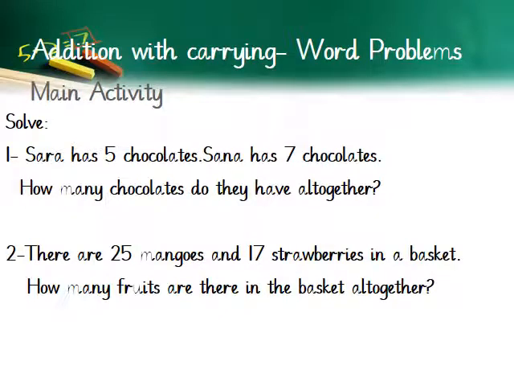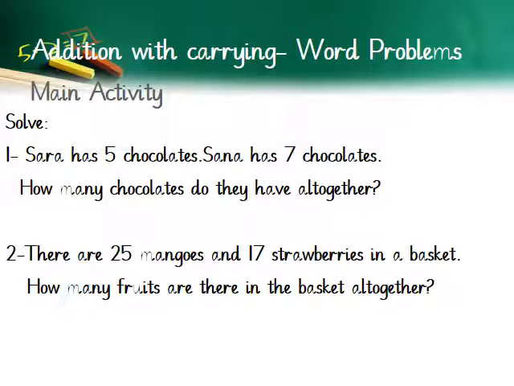Alright students, after watching the video, after discussing the given example, now let's do some practice regarding word problems. Look at the given questions. Question number 1, Sarah has 5 chocolates, Sana has 7 chocolates. How many chocolates do they have all together? So, what you have to do, follow the same steps. First write down the statements, then do the working in the working area, and at the end write down the answering statement.